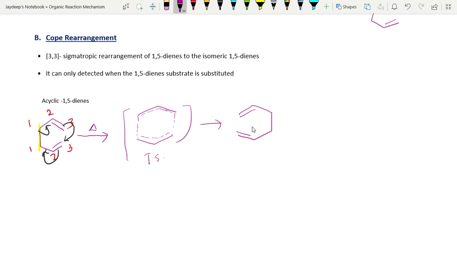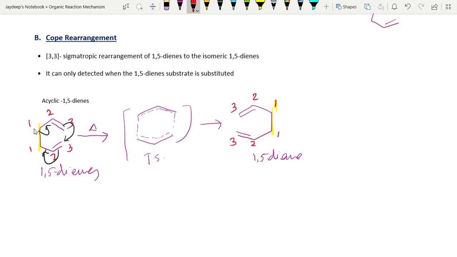So both are 1,5-dienes. This is also a 1,5-diene and this is also a 1,5-diene. For the sake of convenience, we can number this system also. So we are going to number the system, that is one. Here it is 1, 2, 3. Here it is 1, 2, 3. So you can look at the position.